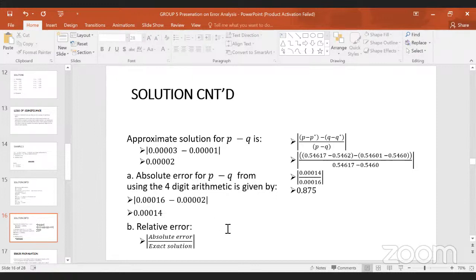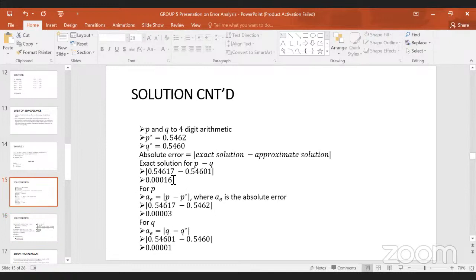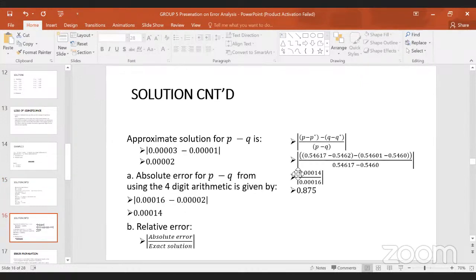Now, don't forget that the formula for our relative error is absolute error over the exact solution. Our absolute error is 0.00014, and don't forget we got our exact solution earlier for P minus Q, which is 0.00016. So that's where the exact solution we use is coming from.